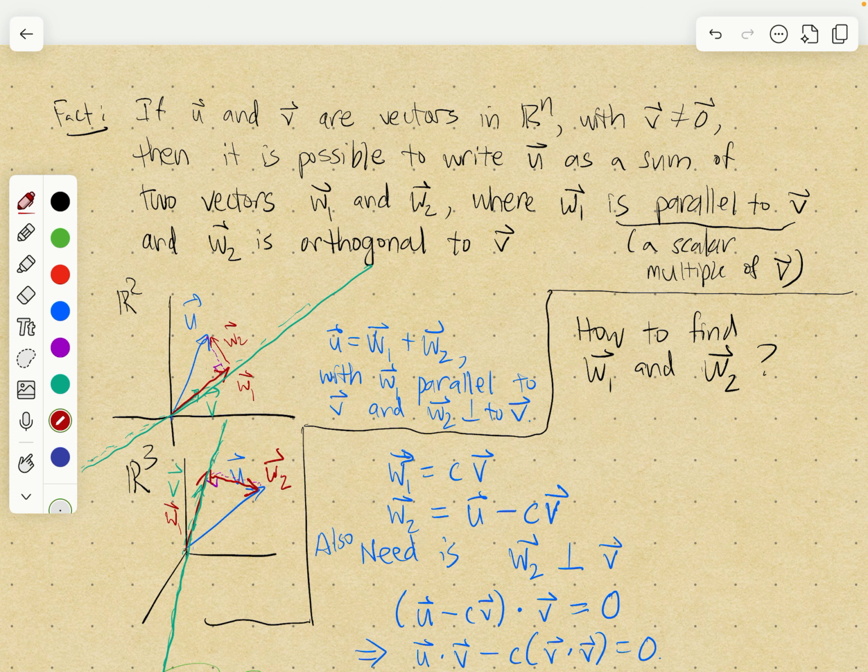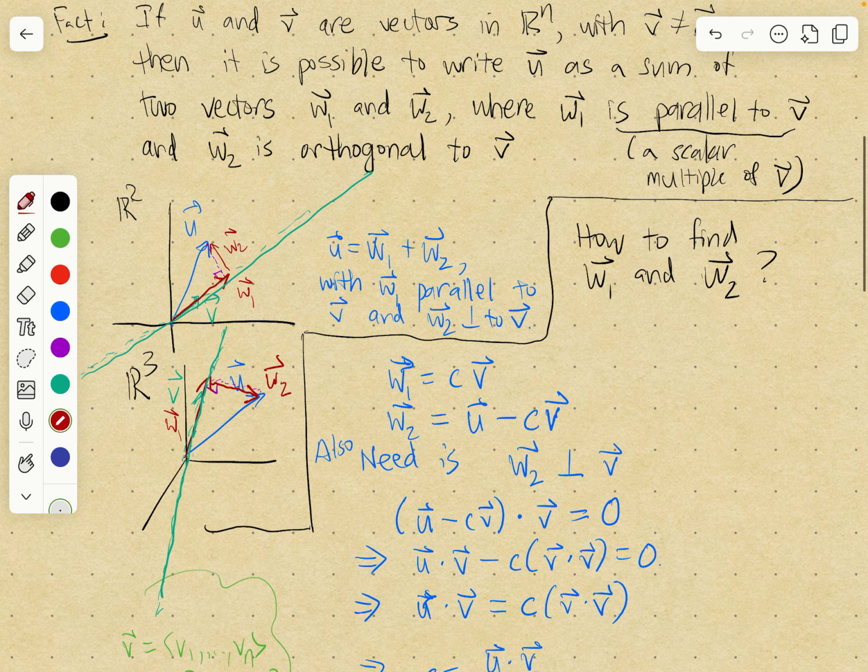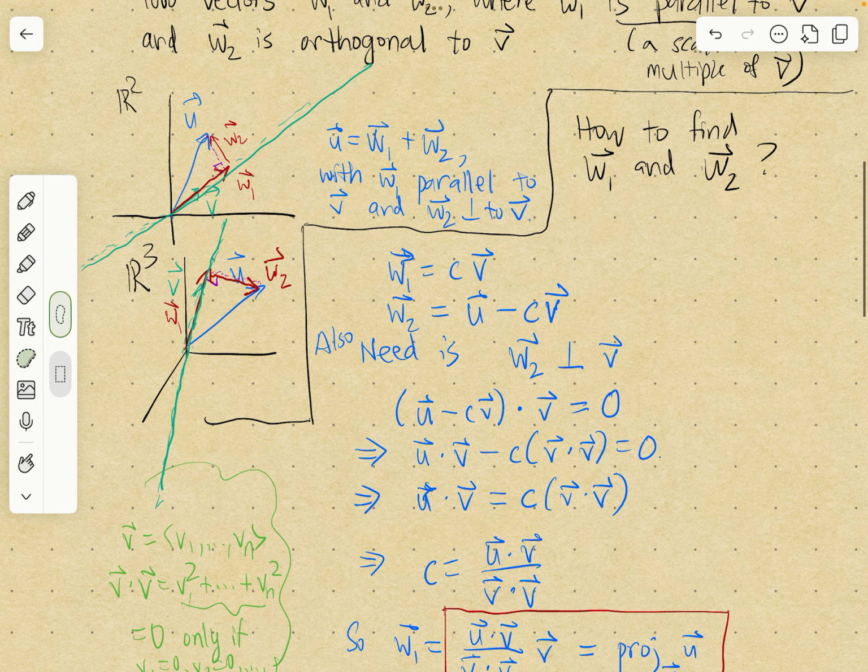It's an important concept, projecting a vector onto another vector. This concept is used in physics. It has to do with work and stuff like this. Sometimes you just want to decompose, like if this vector U is a force or something, then W1 would be the component of U along the V direction. So that's one way that this concept shows up.